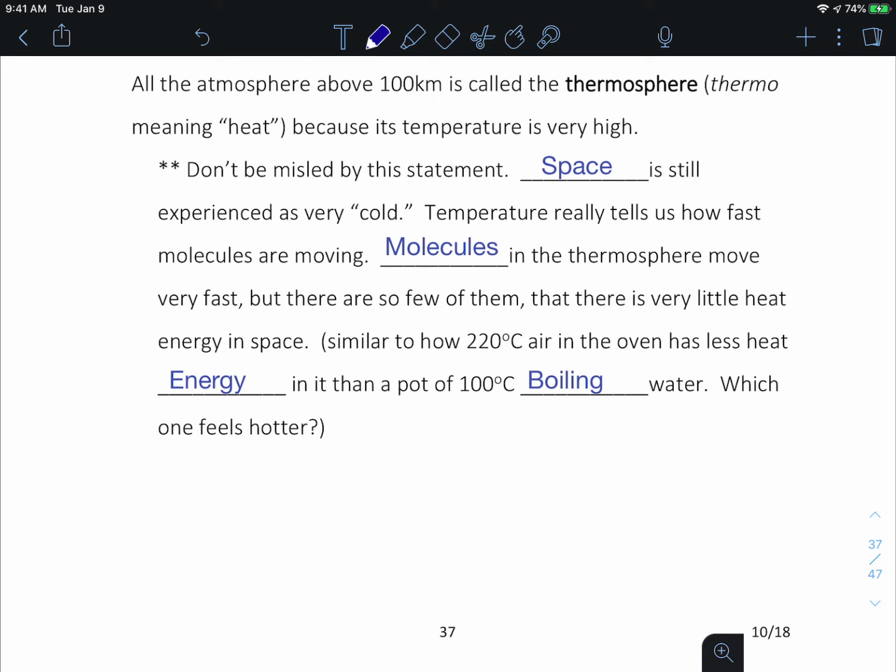You might feel some warmth. Stick your hand in a 100-degree pot of water where there are many, many more molecules, and your hand will be scalded immediately. Even though the temperature is higher for the oven, the air is lower density, and so there are fewer molecules hitting your hand at a given time.